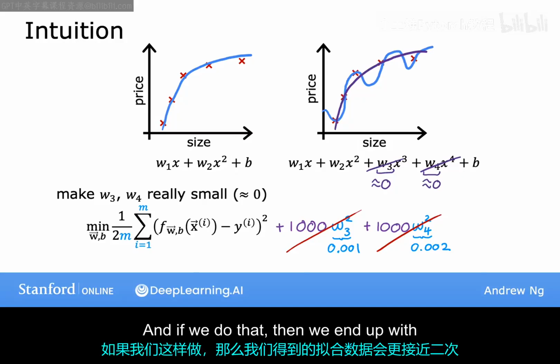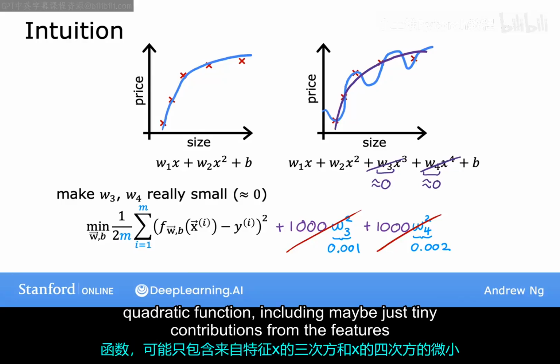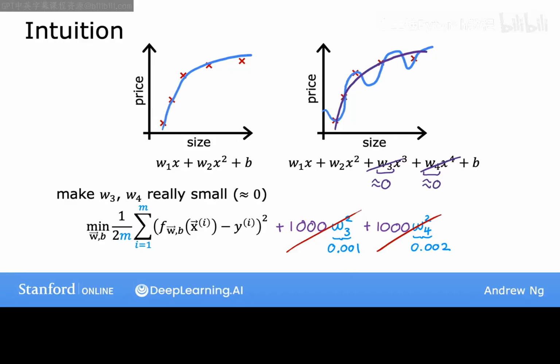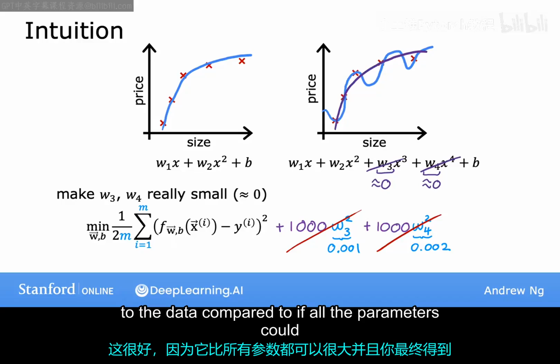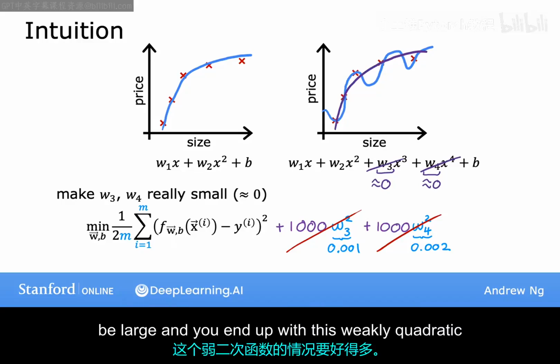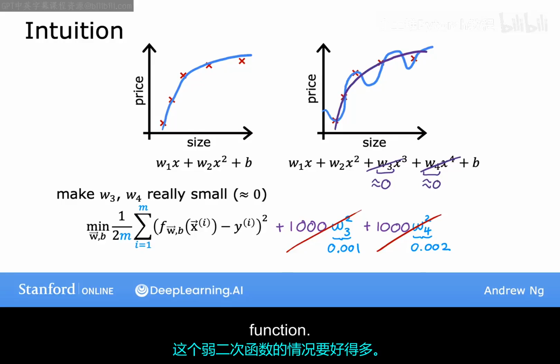And if we do that, then we end up with a fit to the data that's much closer to the quadratic function, including maybe just tiny contributions from the features x cubed and x to the 4th. And this is good because it's a much better fit to the data compared to if all the parameters could be large and you end up with this wiggly quadratic function.